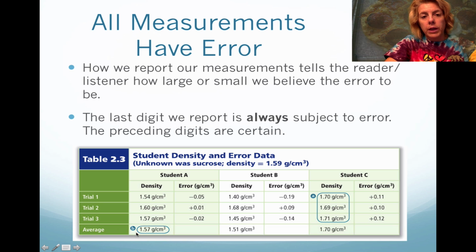Notice student A's value, is it accurate or precise? The density is 1.59 grams per centimeter cubed. I would say that they're accurate and precise because their numbers center around the same values.